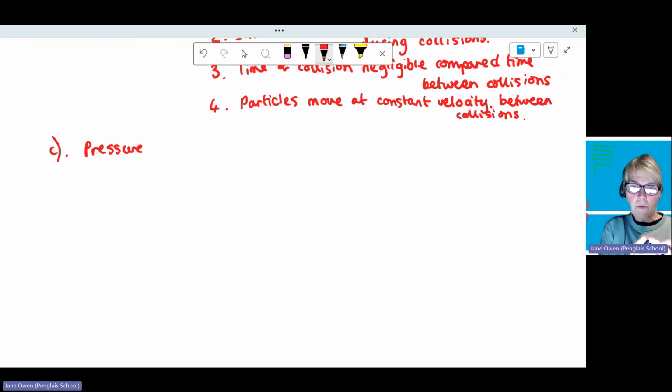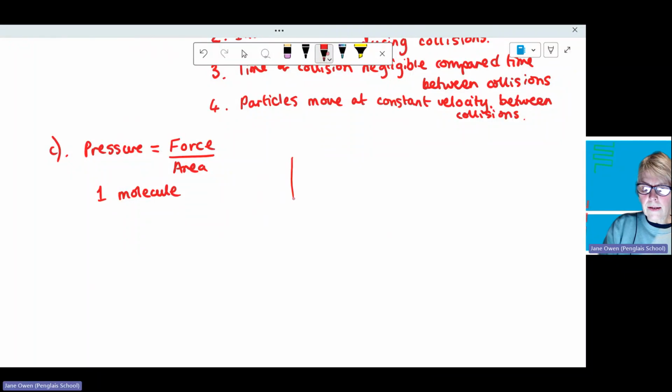So we're looking at the microscopic, i.e. the kinetic theory of gases, and we're relating it to the macroscopic values of temperature, pressure, volume. Okay, so pressure is given by force divided by area. Nice, easy one so far. And we're going to look at one molecule.